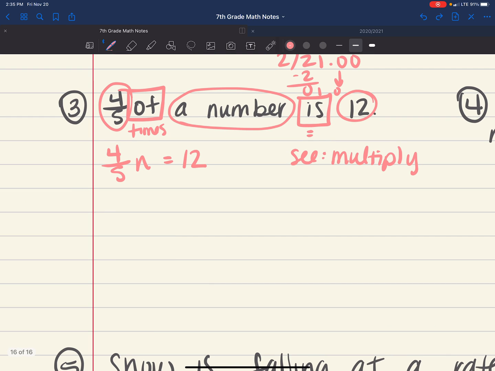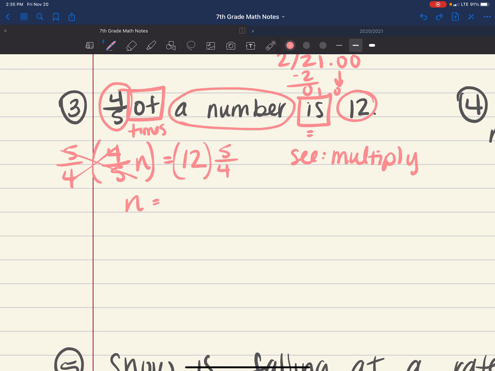So I'm going to multiply both sides by 5/4, because we see that these cancel each other out, right? So I would just have n on this side. Well, there will be an invisible 1 here, but 1 times anything is itself.